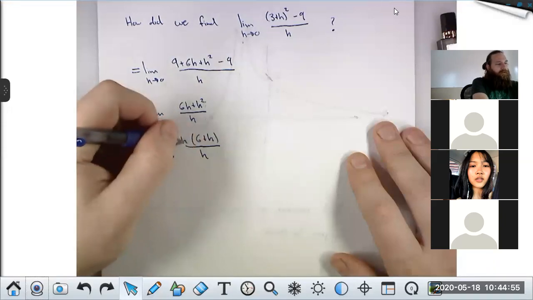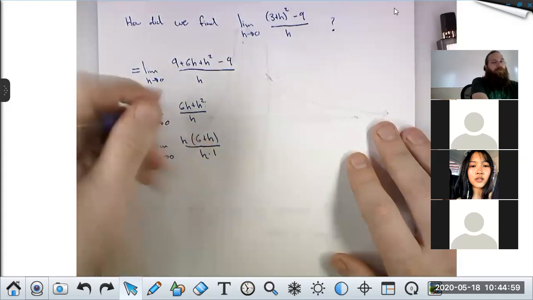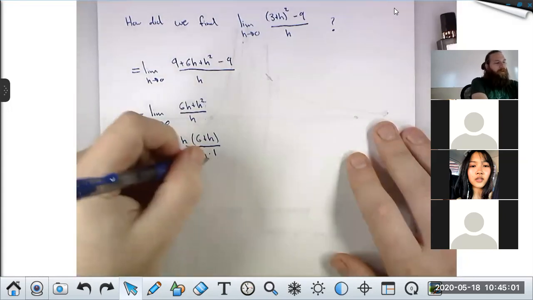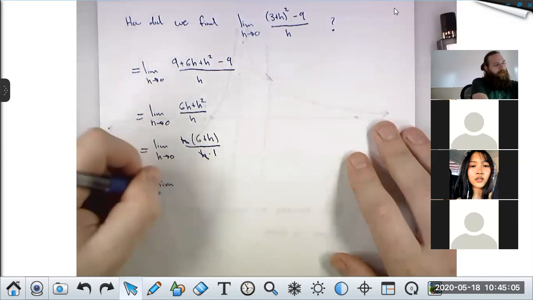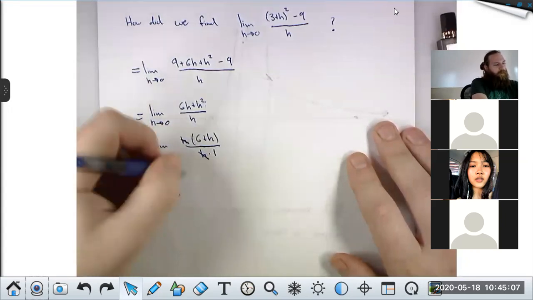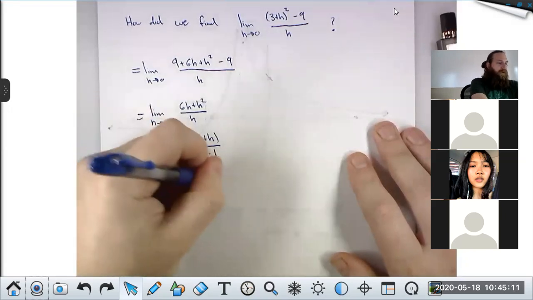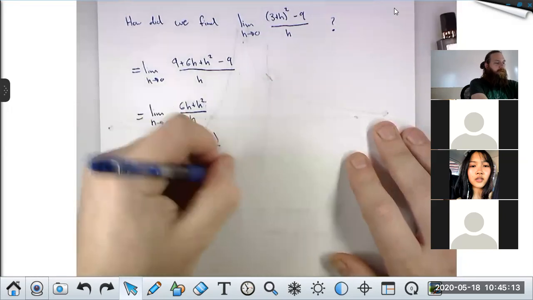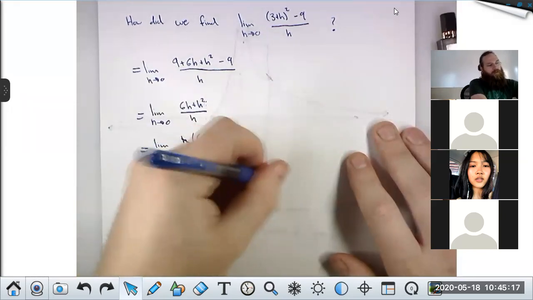Because this guy is a factor of the top and this guy is a factor of the bottom. The bottom is really h times 1. So I can cancel, and we get the limit as h goes to 0 of 6 plus h over 1. And now I can plug in 0. This is just 6 plus 0 over 1, or 6.